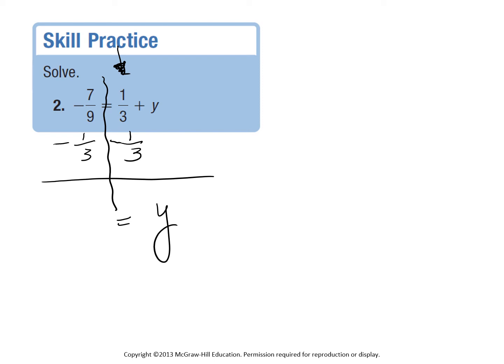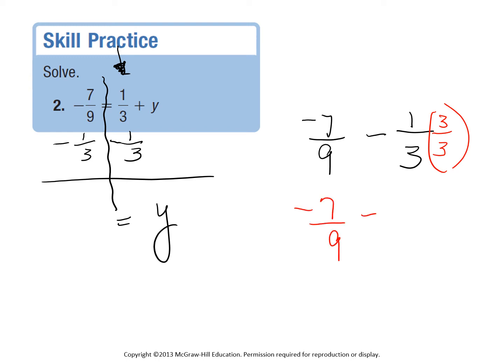And so negative 7/9 minus 1/3, I need a common denominator, so I'll multiply this by 3/3. So I'll have negative 7/9 minus 3/9, and that's going to be negative 10/9.